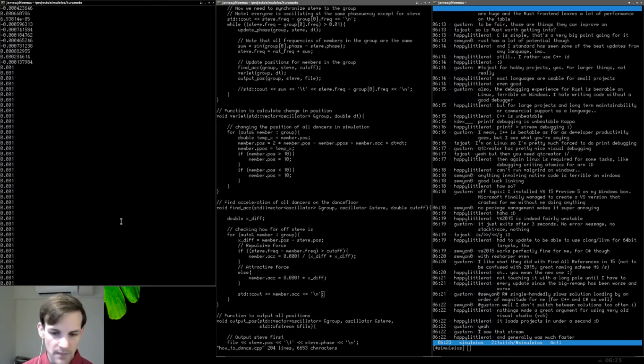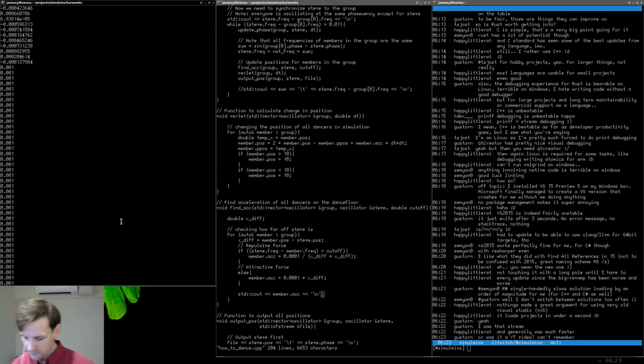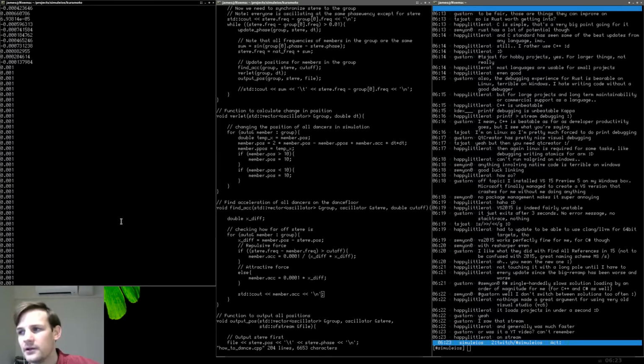Okay. So find acceleration is clearly getting the same acceleration for all of them. 0.001. Is that correct? Let me think. So, first of all, if this is a repulsive force, which it probably will be, then chances are some of them are going to be repelled one way and others are going to be repelled another way, right?